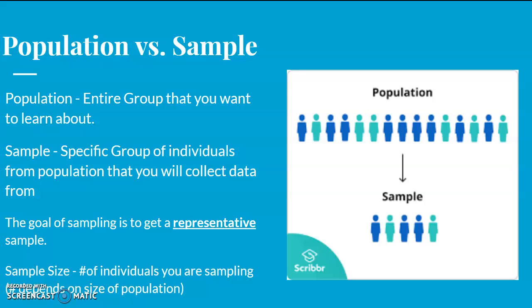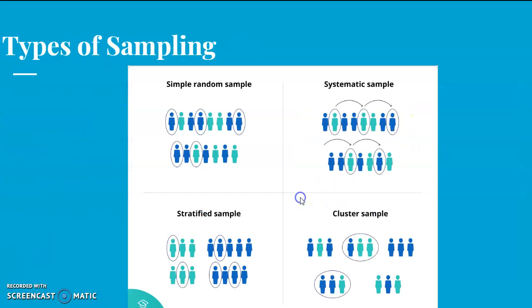It's the number of individuals you are sampling, and that depends on the size of the population. So for us in Spencer County Middle School, you want to be able to get a good representative sample, but realize that you can't sample everybody. So when we're doing our statistics project, that's why I ask you to get 50 samples or 25 from each population, and that is a pretty decent sample size for our group.